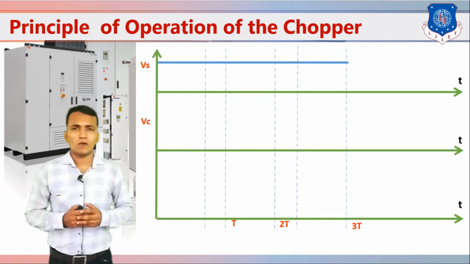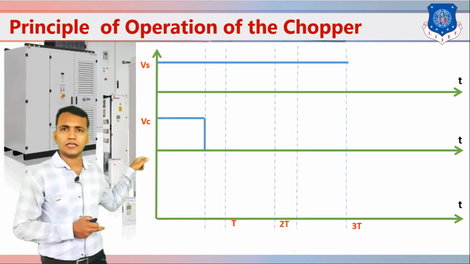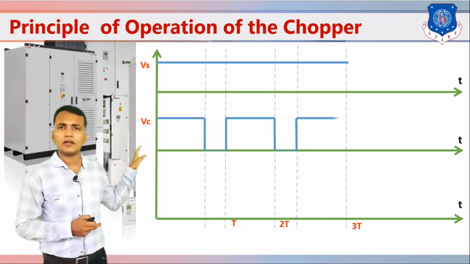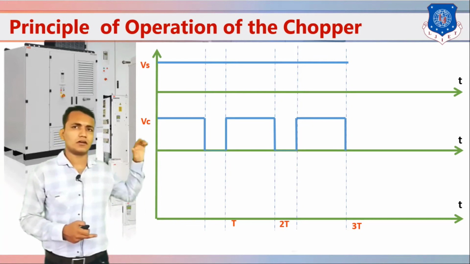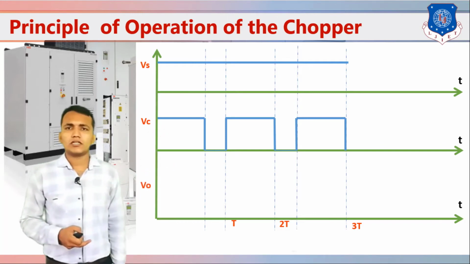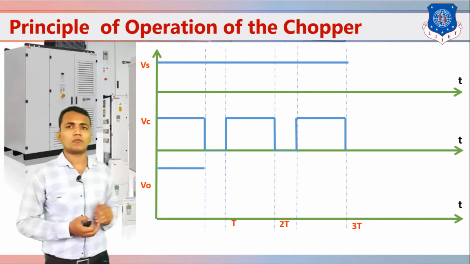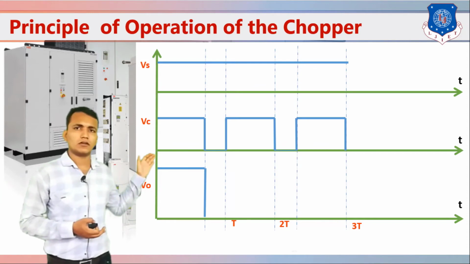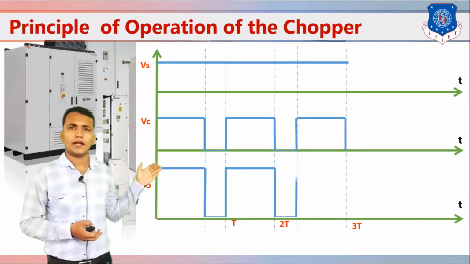Then the control voltage waveform across this chopper circuit is a switching waveform. We have provided the switching so the waveform is like this: on, then off, on, and then off. When the switch is on, the waveform is in the higher portion, and when the switch is off, it will be 0. Now the next waveform is the output voltage V0. The control voltage waveform is lower, but the output voltage we can say is high, so here we have drawn it as high. First the switch is on, then off, then again on, then off, and then on.